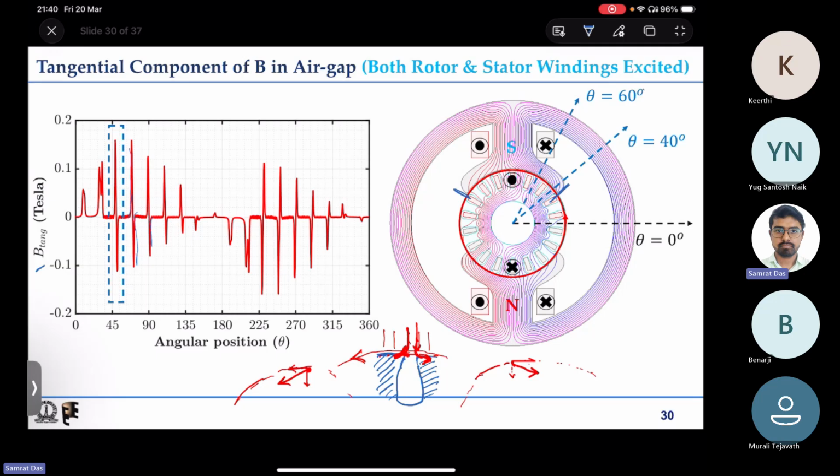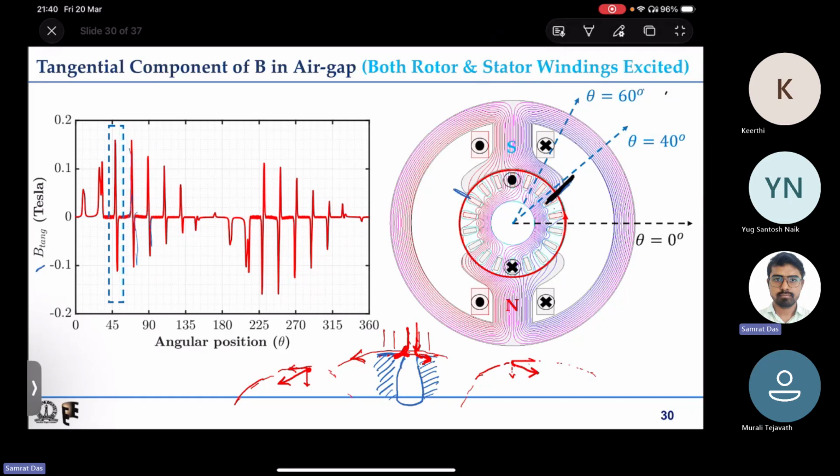And when you are not looking at what happens in the slot opening, but you are looking at only the stator pole edge, then there is only one sign of the tangential component of flux density. It is either positive or negative. For example, here in this portion it is positive because flux lines tend to bend like this when entering the stator pole.